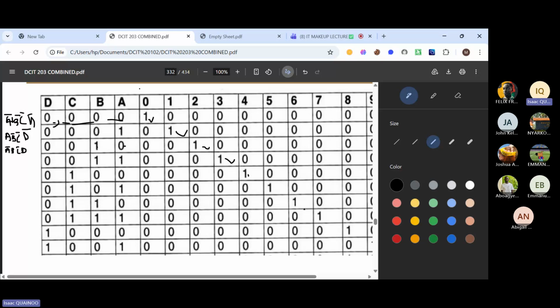You just have to know that y2 is high when you have this particular input combination, right? So you just deduce it. So you have A prime, you have B prime, then you have C, and then D. Okay, in that manner.